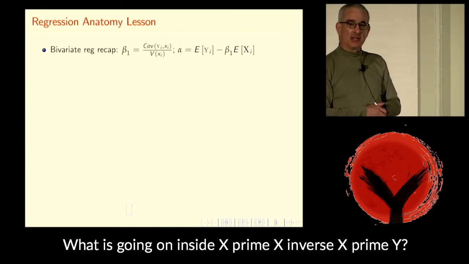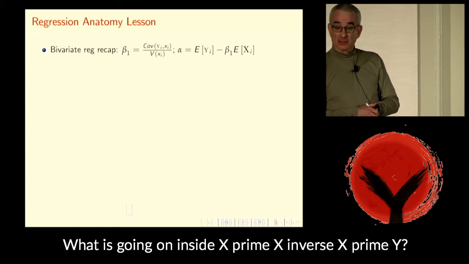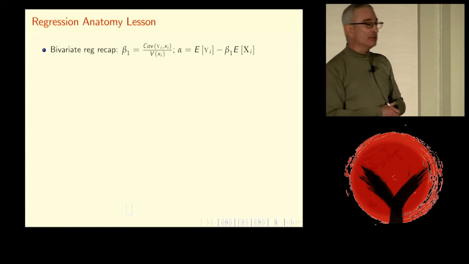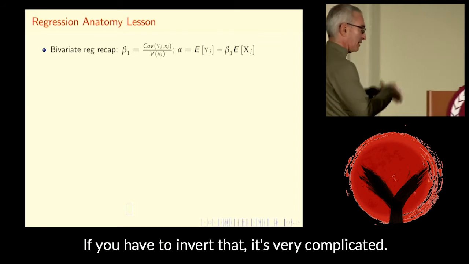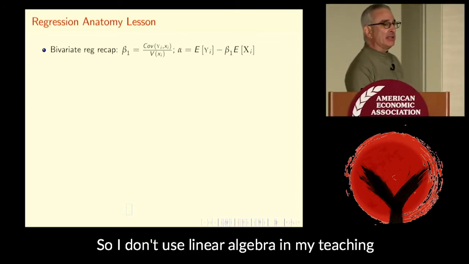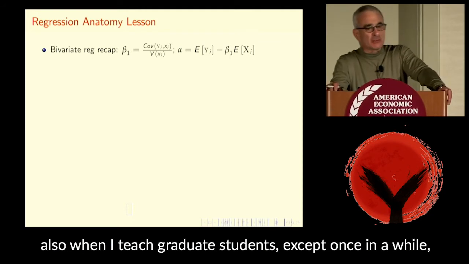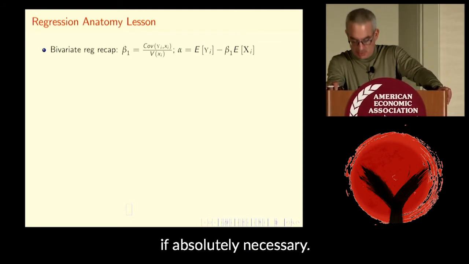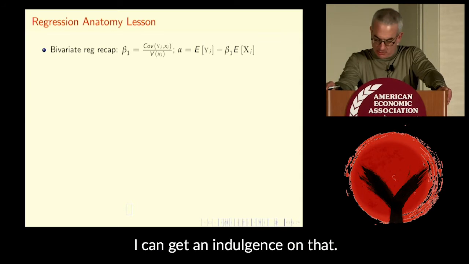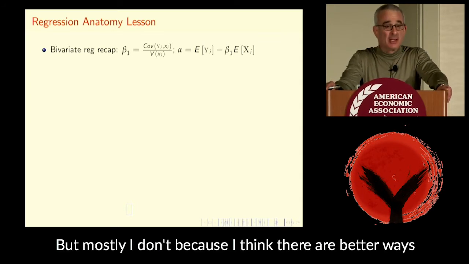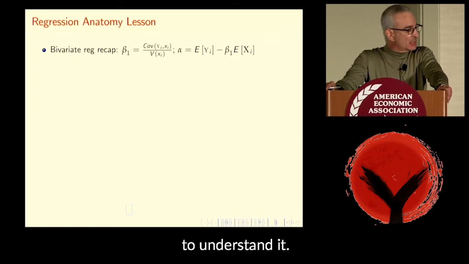What is going on inside (X prime X) inverse X prime Y? If you have to invert that, it's very complicated. So I don't use linear algebra in my teaching, also when I teach graduate students, except once in a while, if absolutely necessary, I can get an indulgence on that. But mostly I don't, because I think there are better ways to understand it.